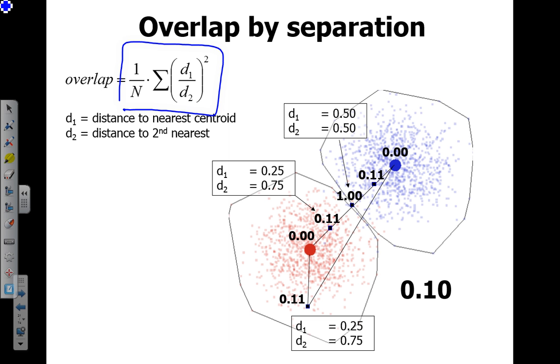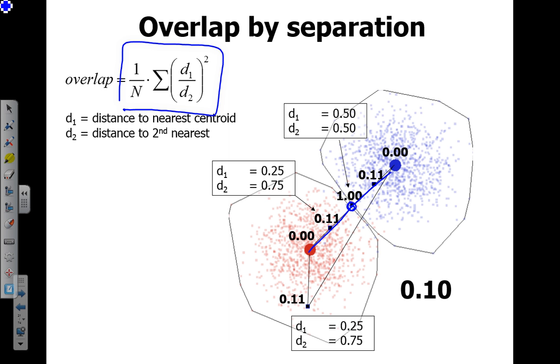What we do is calculate the distance to the nearest centroid and the distance to the second nearest centroid for every data point. Let's suppose this point is at the border here. Its nearest centroid is either way, but the second nearest is at an equal distance.